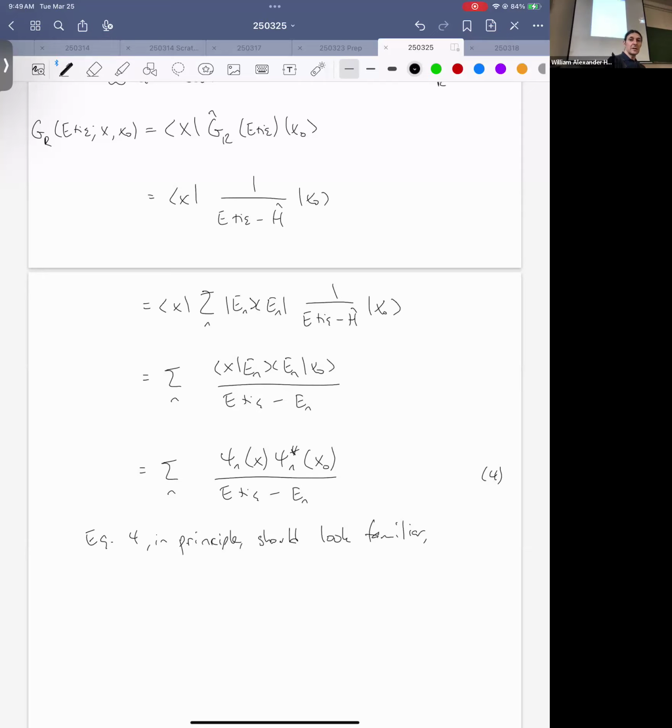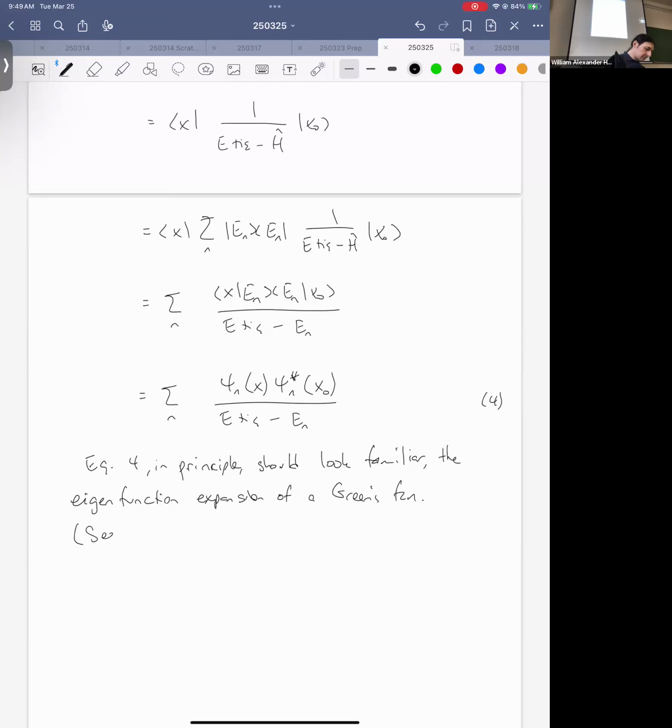But an important topic in PDEs is what's known as the eigenfunction expansion of a Green's function. If you'd like to read up more on this, see Jackson's E&M book, section 3.12.